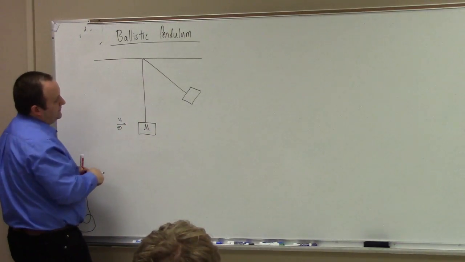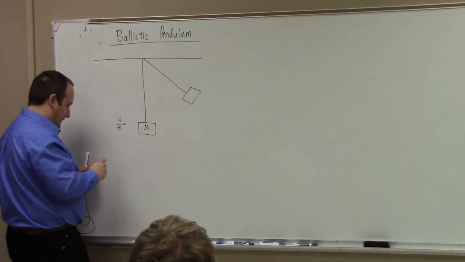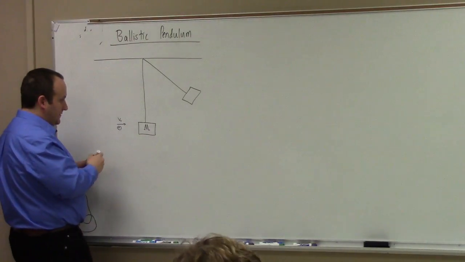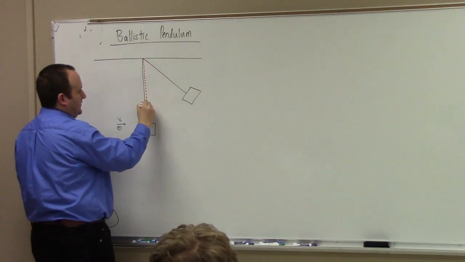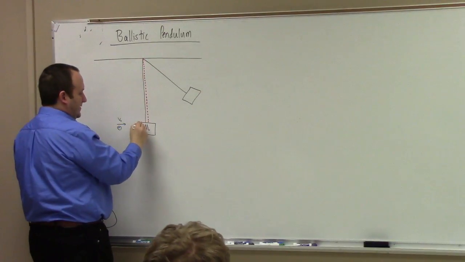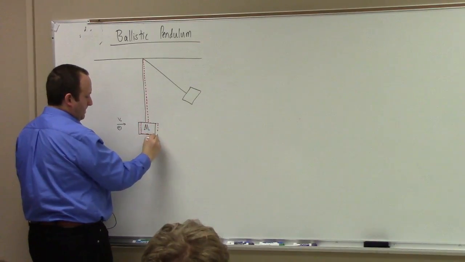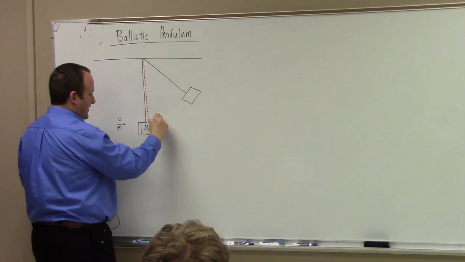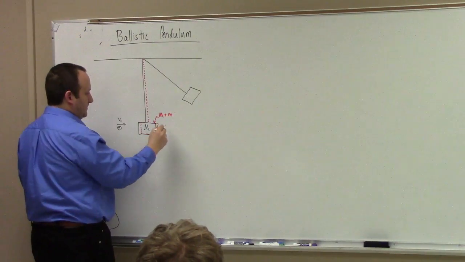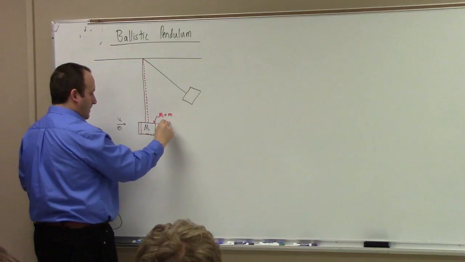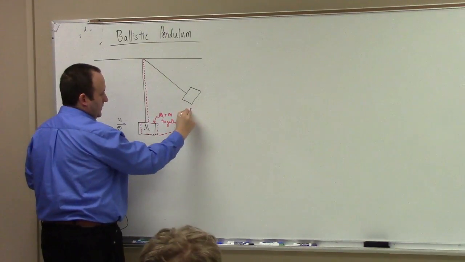So if I could draw this at just a slight time later, a very, very slight time later, it's something like this. Now you have M plus m together, and then they swing up here, up to there.